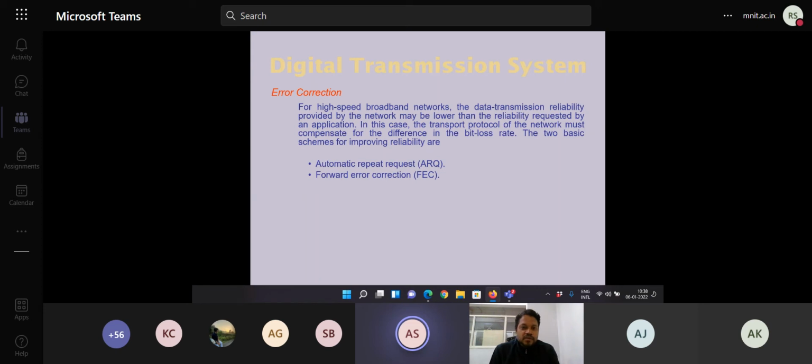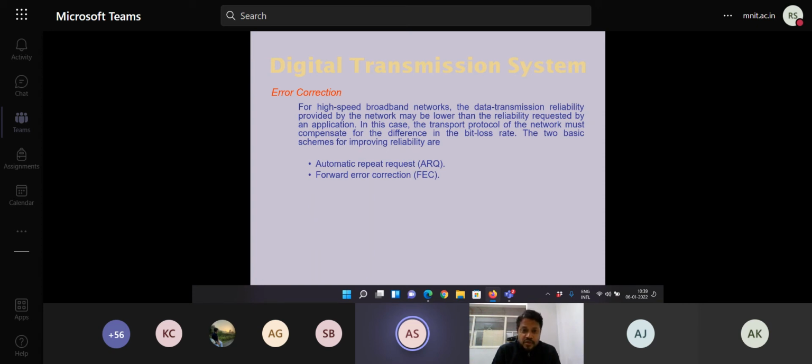I mentioned forward error correction just a few minutes back, and we are here now. Forward error correction means you introduce some redundant bits, and that inclusion of redundant bits enables the receiver to identify where the errors are.